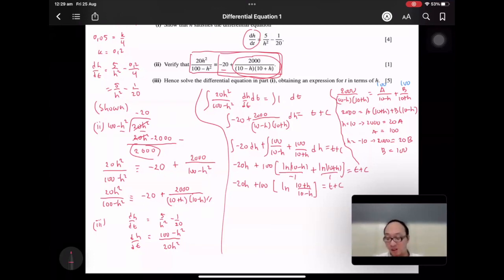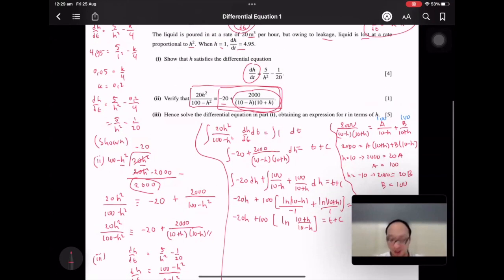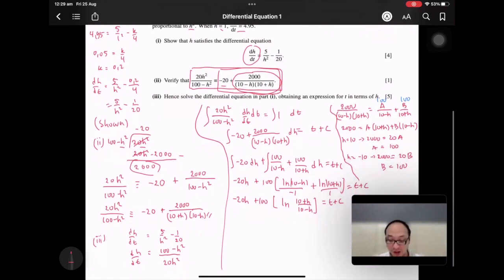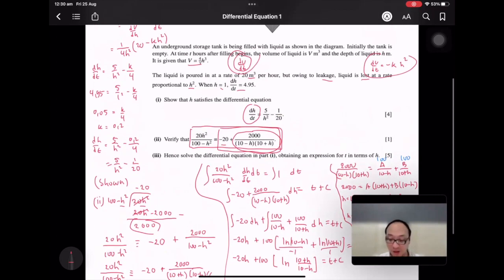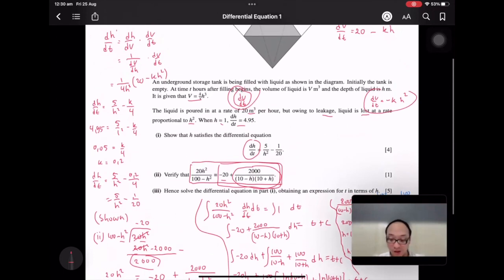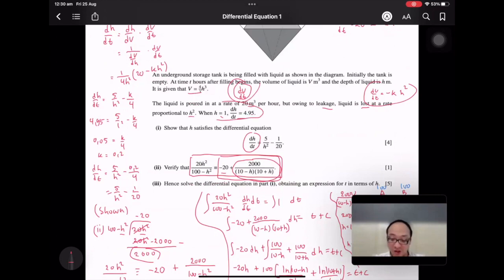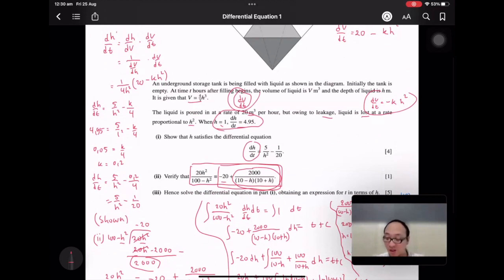And then finding the c, I can put in the information when h equals 1. What is the time? There is no information of time here, but we can see from here: initially, the tank is empty. So that means when t equals 0, the volume equals 0, so h equals 0.